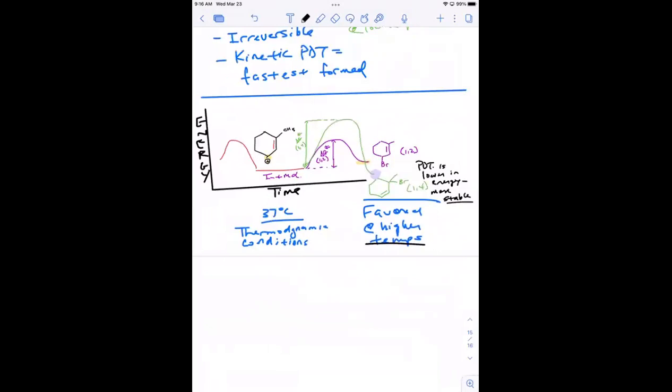So under thermodynamic conditions, the 1,4 product is going to be the favorite product.